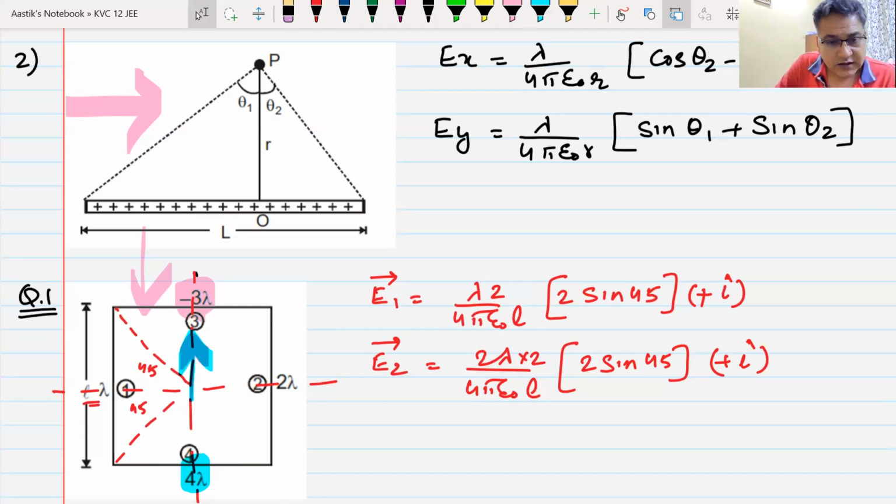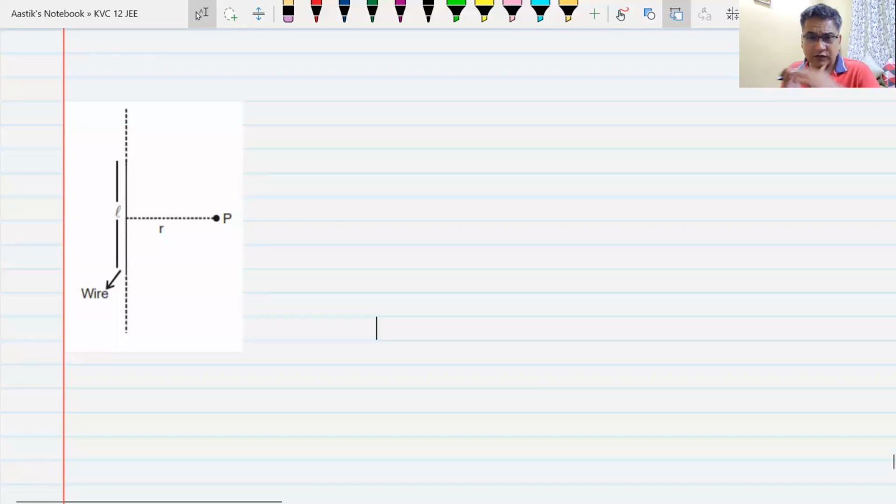Now, if you make this line charge infinite, and this is the electric field due to an infinite charge, what happens when this line charge becomes infinite? In this case, the y components will cancel each other out and you will be only left with the x components, and your answer will be lambda by 4 pi epsilon naught r into sine 90 plus sine 90.